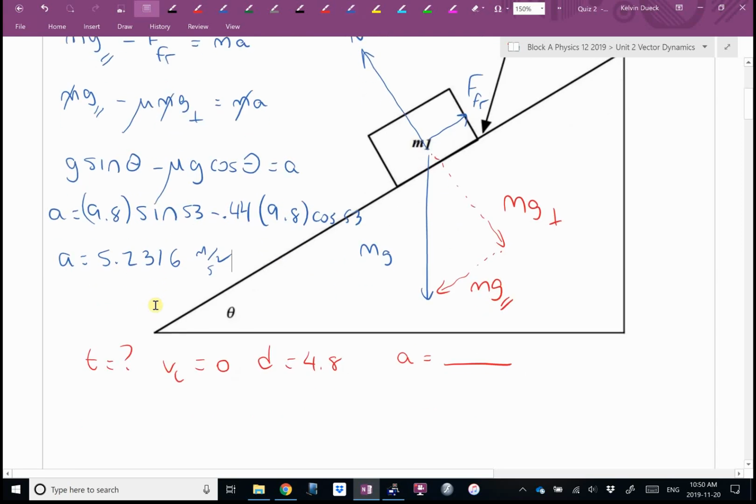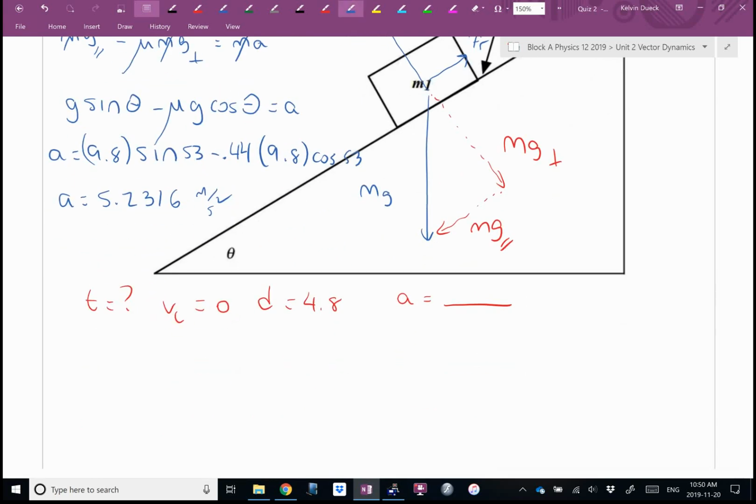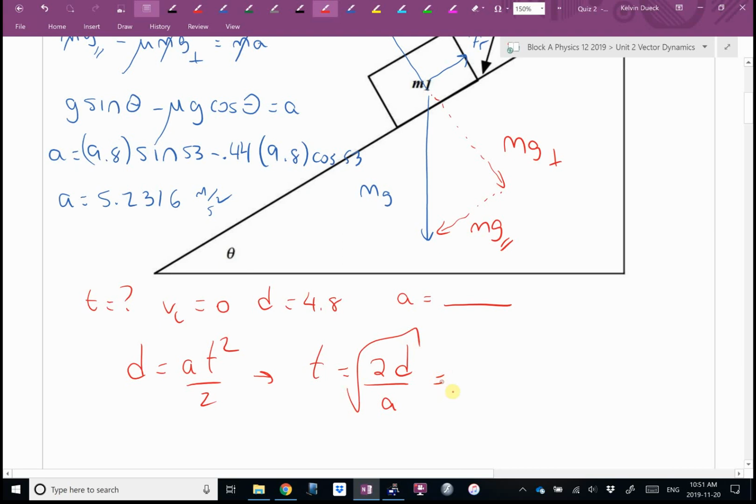And now I can find time. I'm going to use d equals at squared over 2. Vi is 0. So I'm going to go t equals the square root of 2 times d over a.